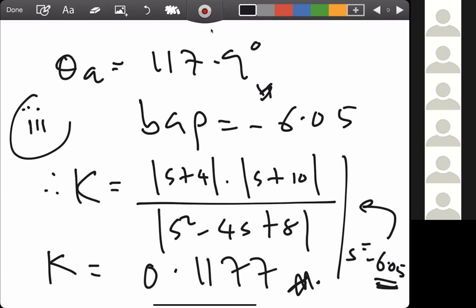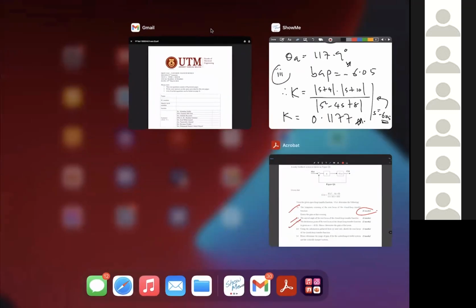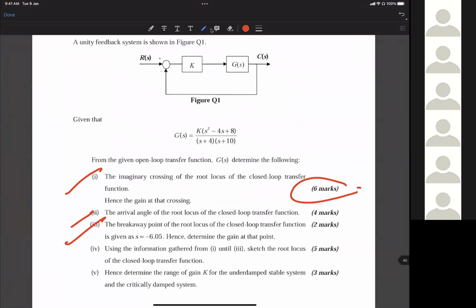Then you get it. Oh, I got a different answer. I got 1.8. The true is 0.1177. 0.12 lah. Never mind. You can check again.